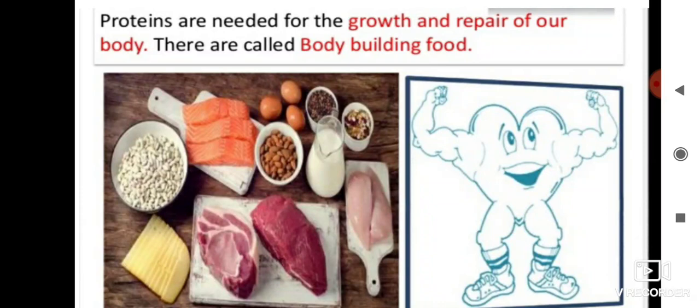So what are the sources of protein? Foods containing protein: meat is rich in proteins, eggs are rich in proteins, milk is rich in proteins, almonds are rich in proteins, and sprouts are rich in proteins.